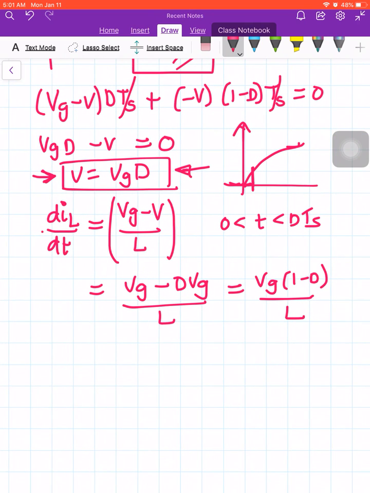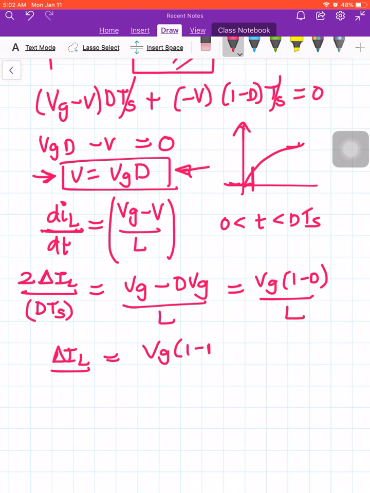Then this particular change, I am representing it as 2 delta IL divided by the change in time from 0 to DTs. So this is DTs. So from this we can calculate delta IL. Delta IL is equal to Vg into 1 minus D by L into DTs by 2.